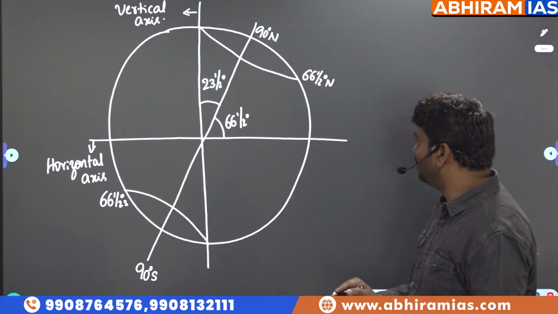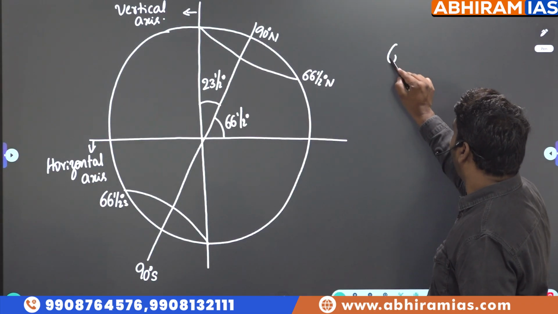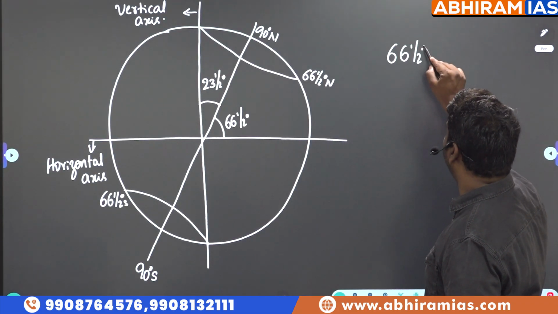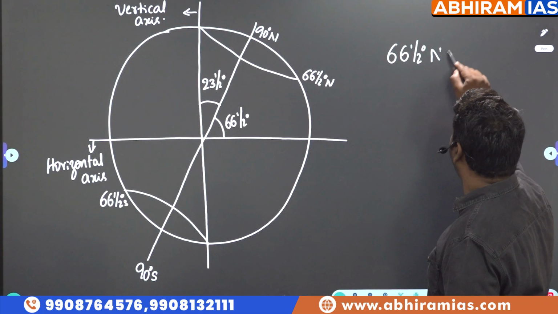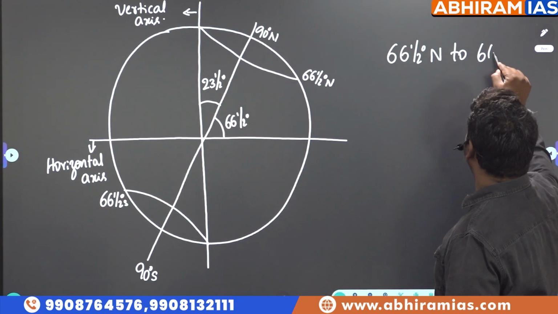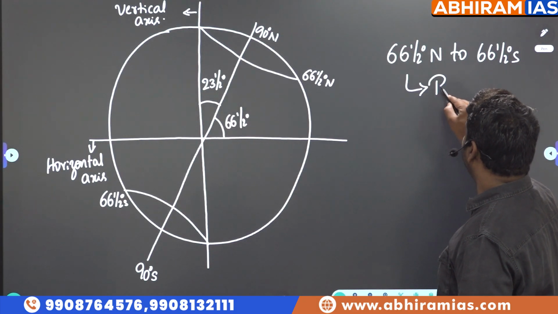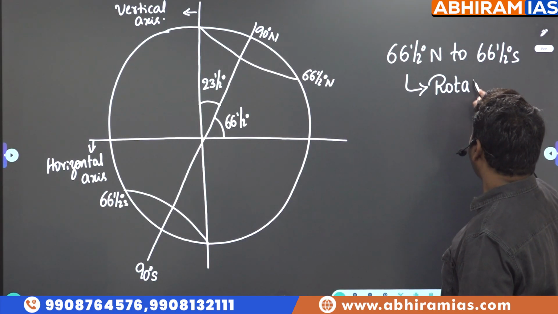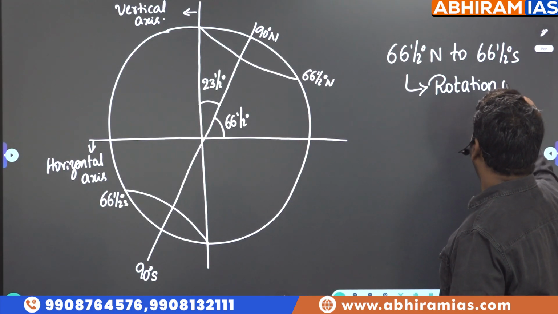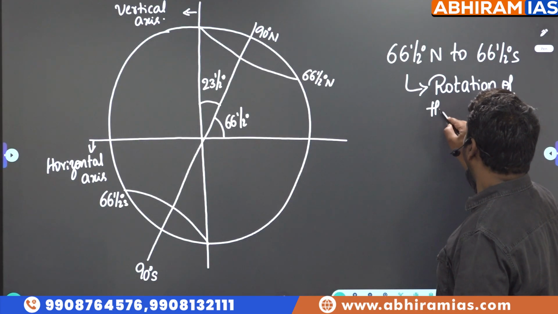That means 1 year means revolution. So from 66.5 degree north to 66.5 degree south, day and night is due to rotation of the Earth.